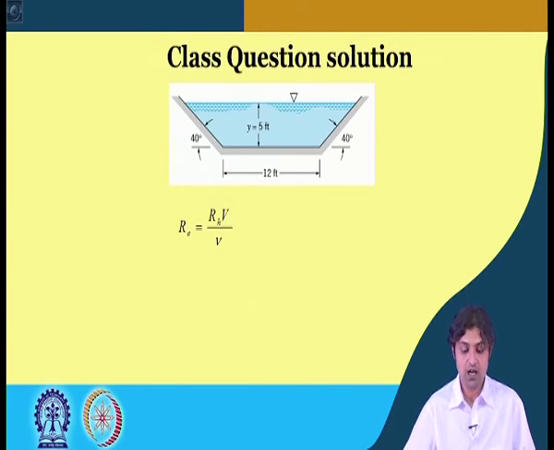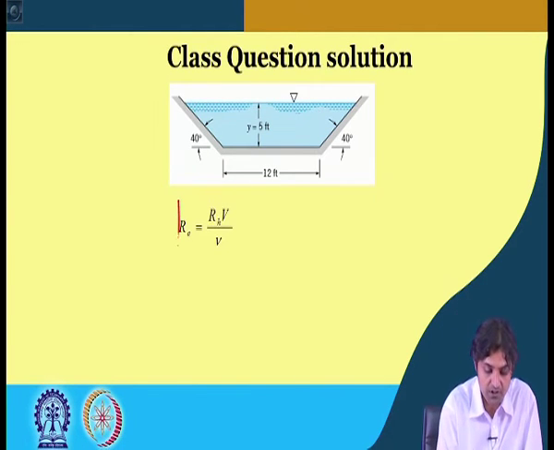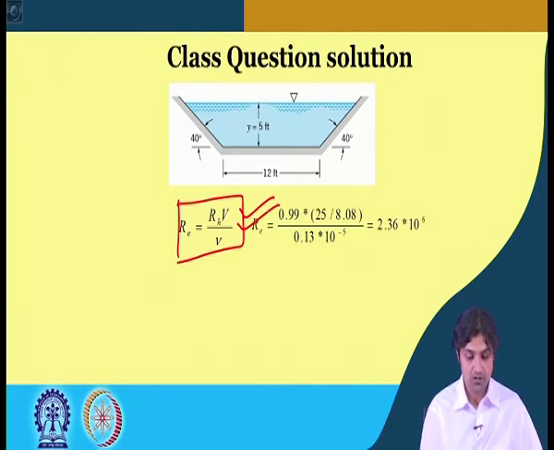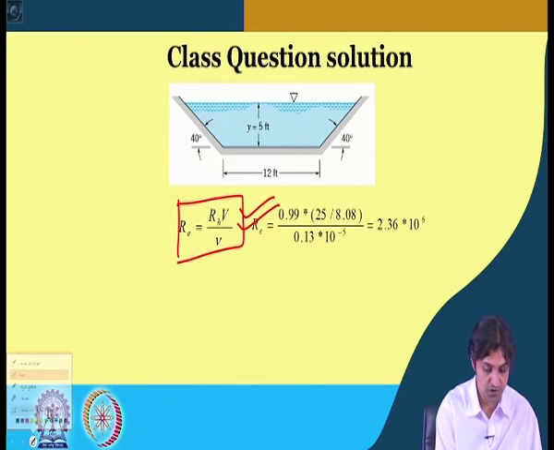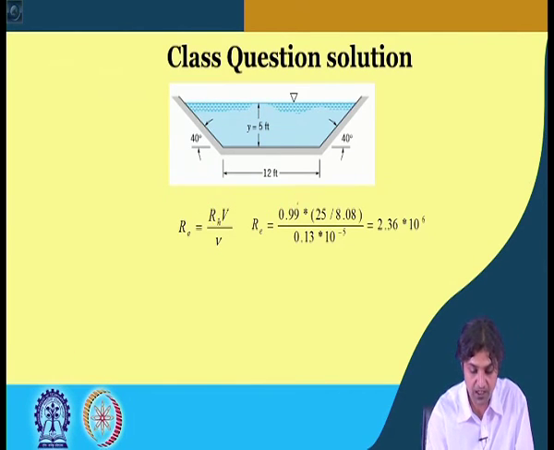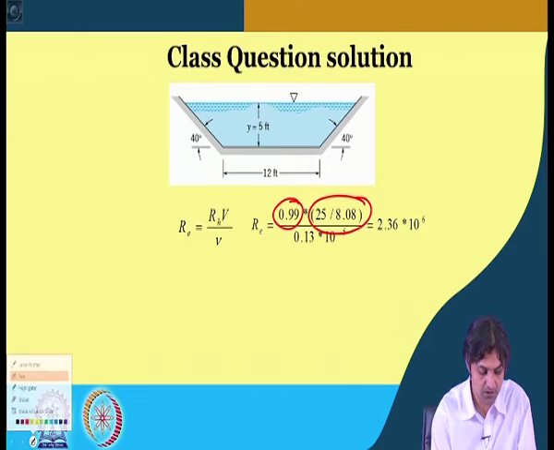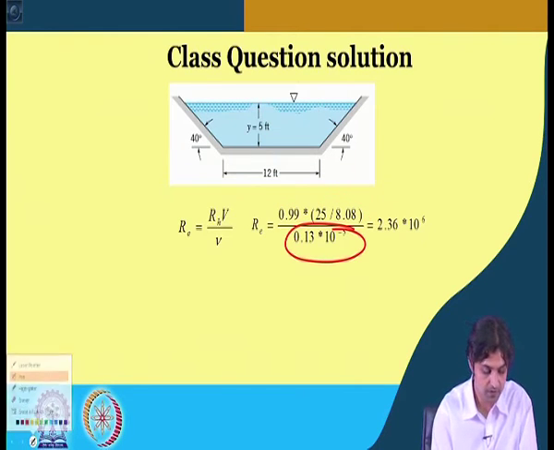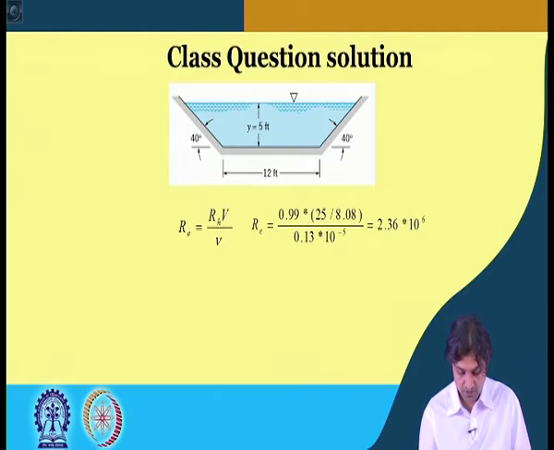So, RE is RH V by nu. This is an important formula that you must remember for open channel flow. If we substitute the values, RH is 0.99, V is Q by A, and nu is 0.13 into 10 to the power minus 5. On calculation it gives 2.3 into 10 to the power 6.